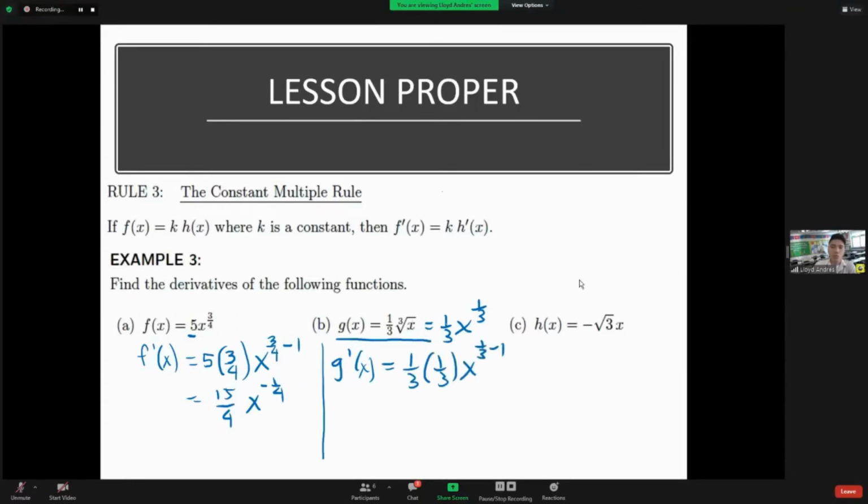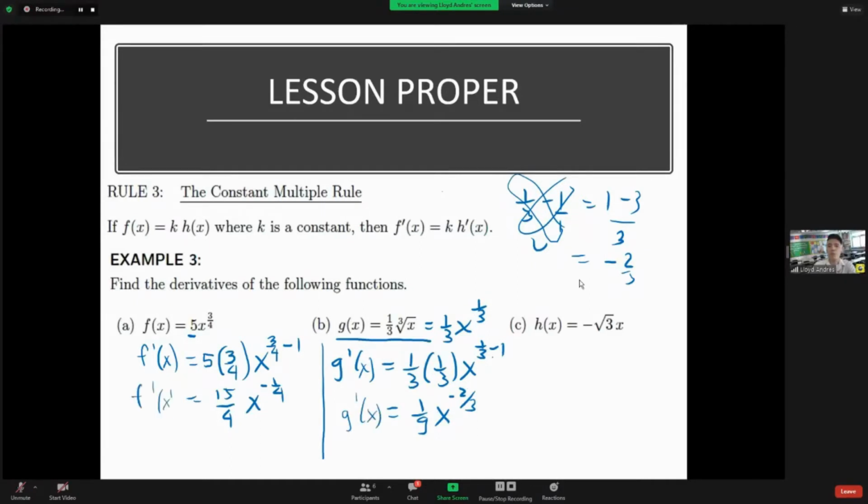So 1/3 times 1/3 is 1/9. X exponent 1/3 minus 1, that's negative 2 over 3. So negative 2/3. This is now our g prime of x.